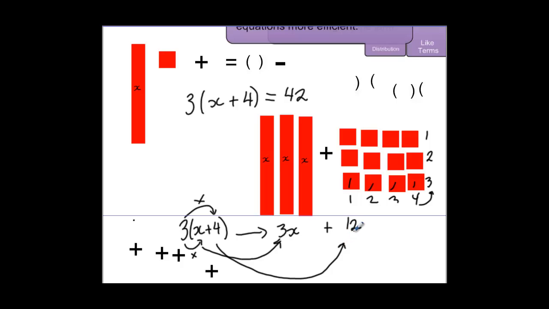If you have some difficulty with that, you can always rewatch the video. But that's the distribution property. We can multiply what's inside the brackets by what's outside the brackets to give us 3x plus 12 is equal to 42. And then you can go ahead and solve this equation. It makes life a lot more efficient. And this is called the distribution property.